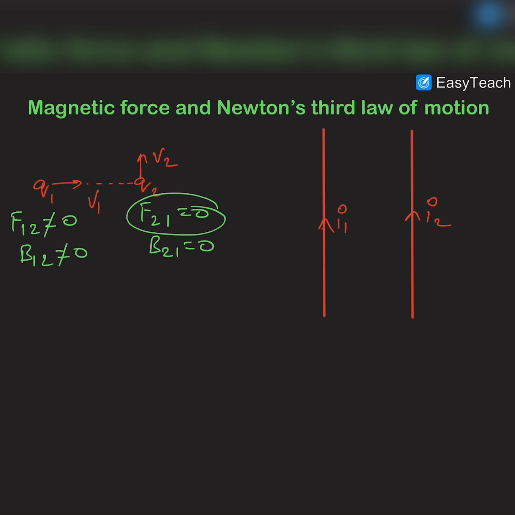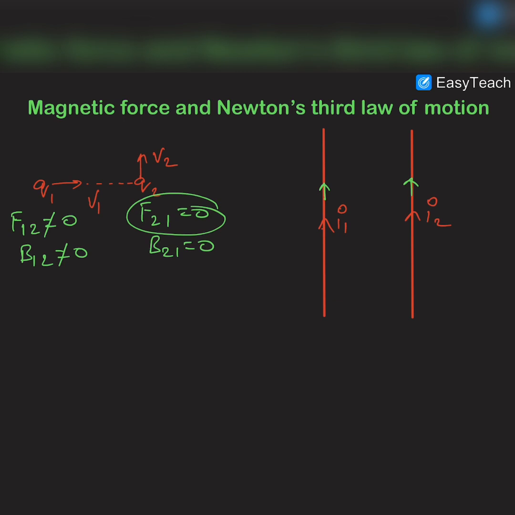So why is this force not obeying Newton's third law, which is the law of action reaction? As well, if we talk about these two wires, we will be discussing the force acting between the parallel wires in detail in the later part.